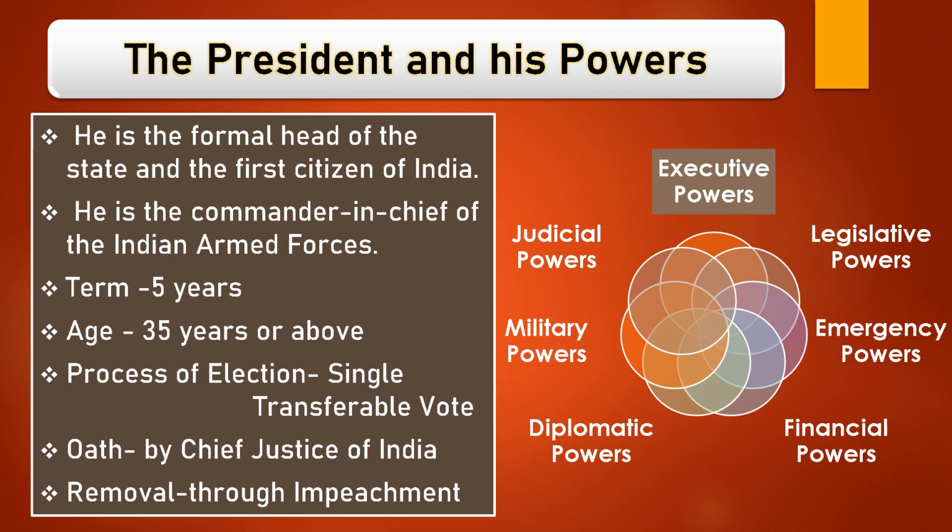The President, as we already knew, has power to select or nominate the members in both the houses and also he can put the emergency in the country. Also he has some financial powers as he can pass the bill and he has military powers also as he is the commander in chief of the Indian Armed Forces. So he has the supreme power in the country.